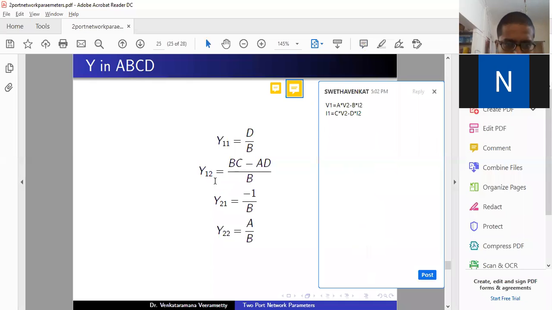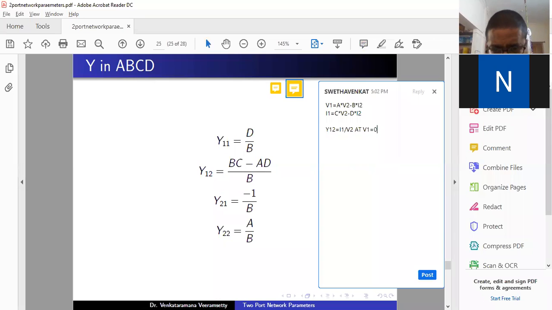Now I want to calculate Y12. So note down the Y12 definition: Y12 equal to I1 divided by V2 at V1 equal to 0.